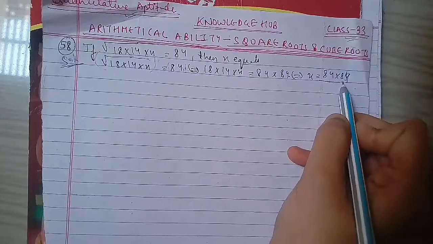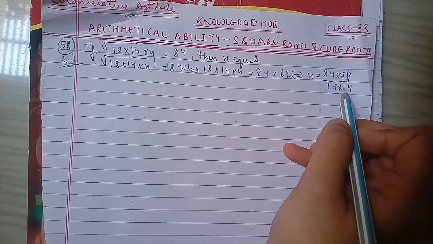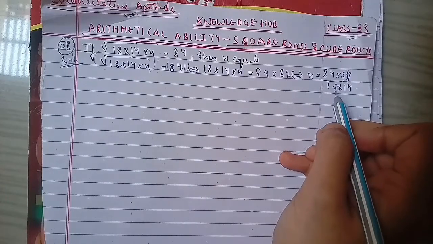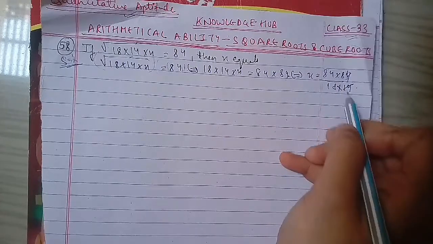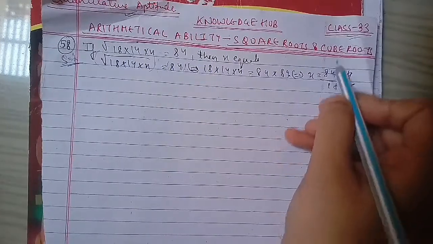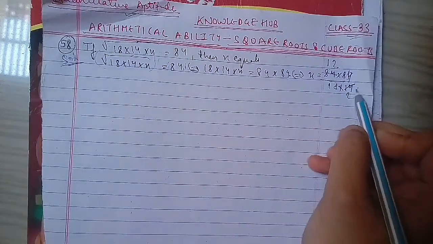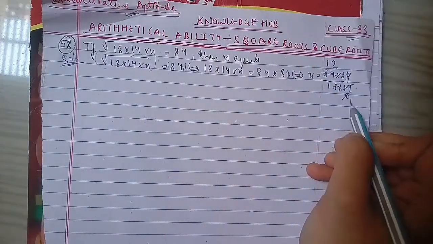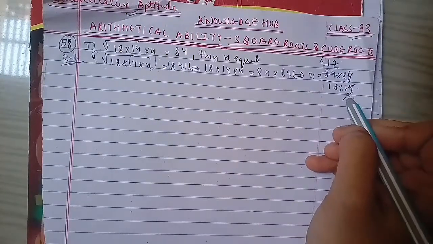Now we'll cancel it out: 7 twos are 14, 7 ones are 7, and 7 twos are 14 again. Then 2 ones are 2, 2 sixes are 12. Again, 18 is 6 ones are 6, 6 threes are 18.